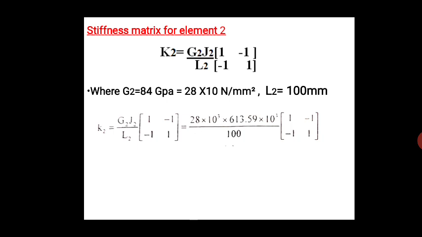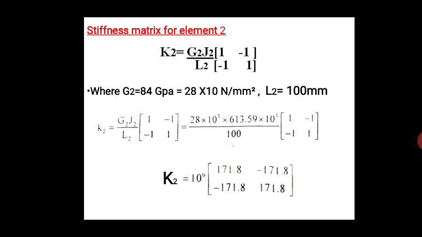Since element 1 and element 2 are of the same material, the rigidity modulus is also the same, that is 28 into 10 raised to 3 into 613.59 into 10 raised to 3 divided by 100 into [1, -1; -1, 1].